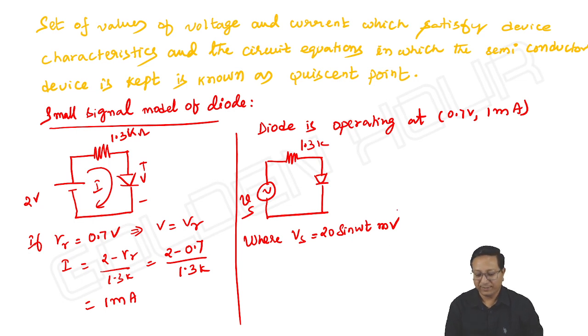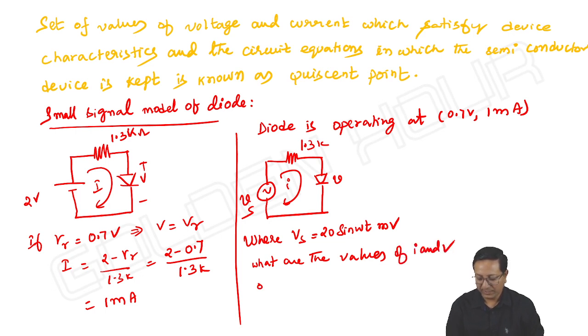If Vs is equal to this, then what about the current and voltage of the diode? As it is AC, I am saying small i and small v. Here capital letters are used as the current and voltage are DC. Here I am taking small letters. Okay. Then what are the values of i and v is my concern.